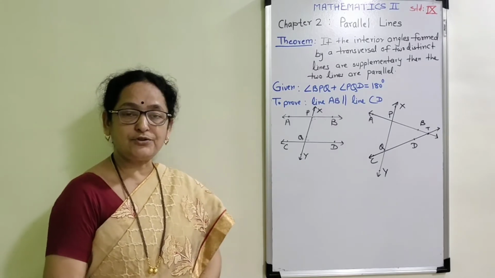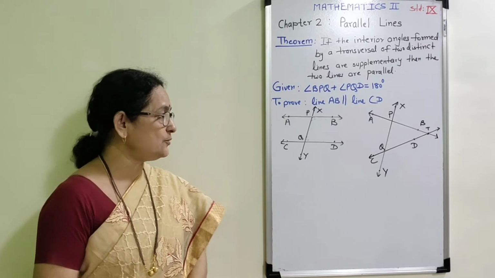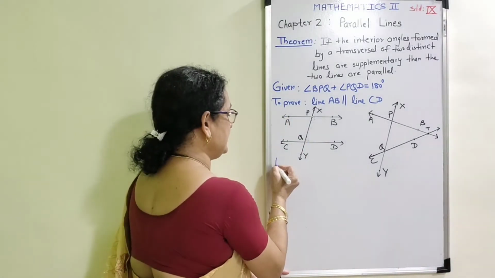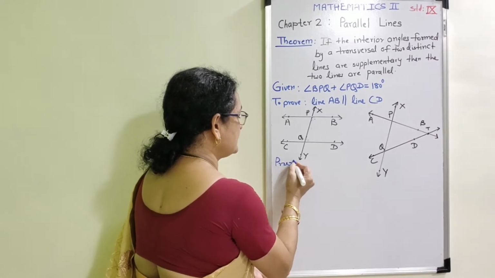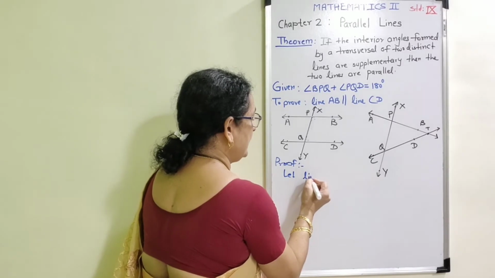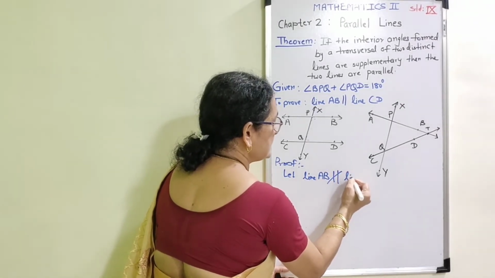Now, we are going to prove this with indirect method, and therefore let us assume that line AB is not parallel to line CD. Now, we are going to write the small steps of proof, that let line AB is not parallel to line CD.